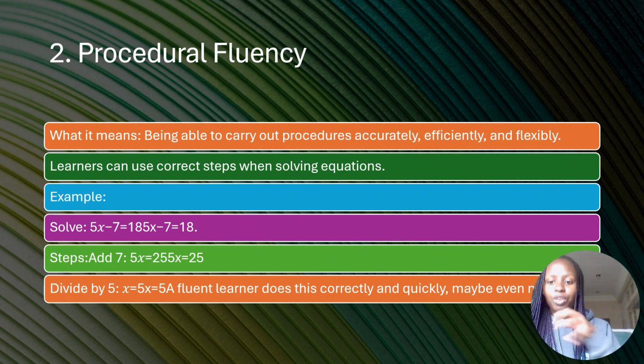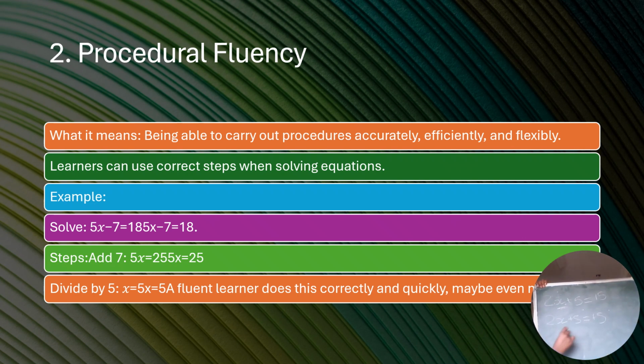I'm still going to use the equation that we were using at the beginning: 2x plus 5 equals 15. Now I want to remove this plus 5.